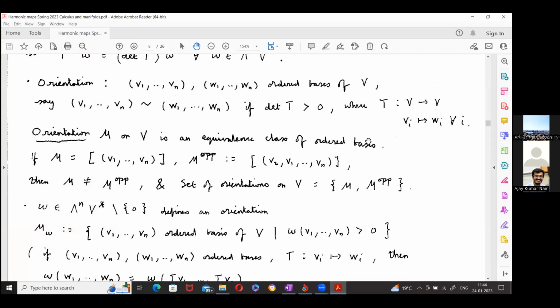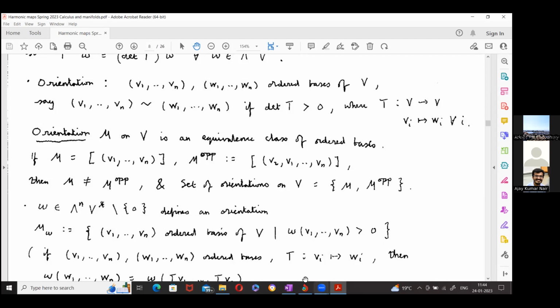That will correspond, under the identification of the set of ordered bases with GLV, to either GL plus V or GL minus V, right? Okay. So it's a choice of connected component of the set of ordered bases.